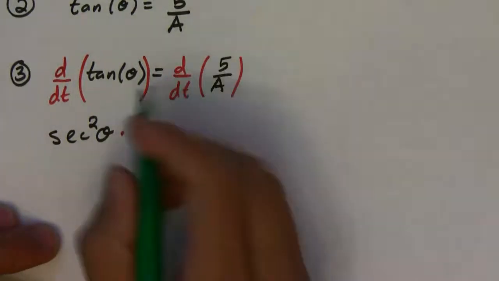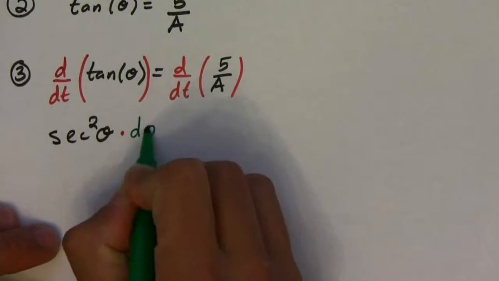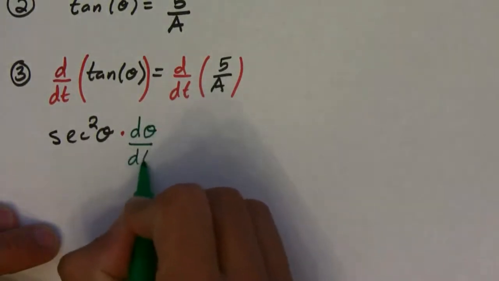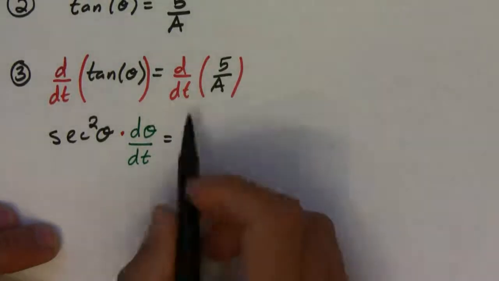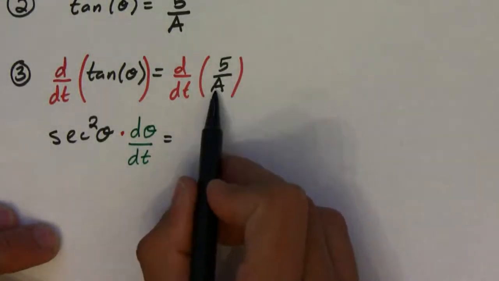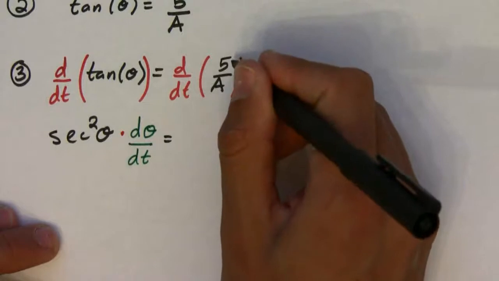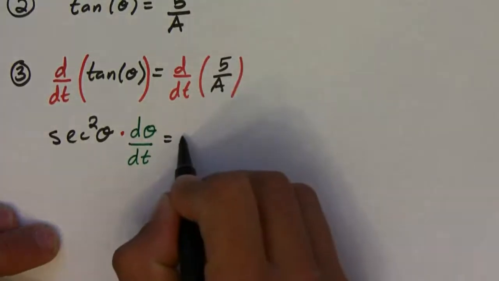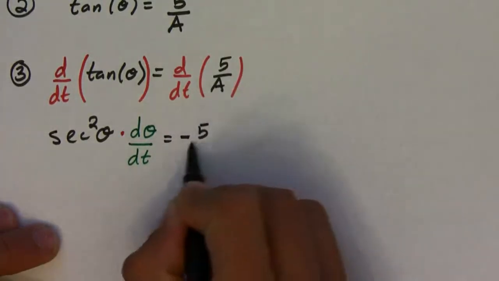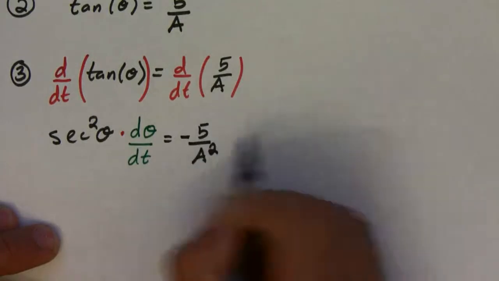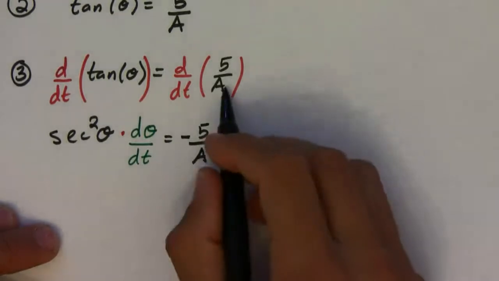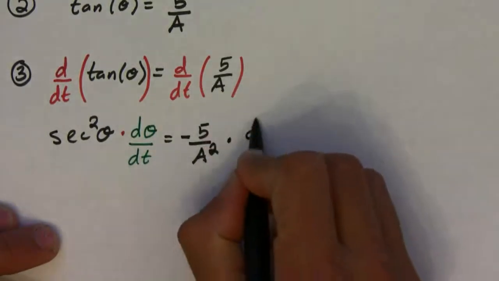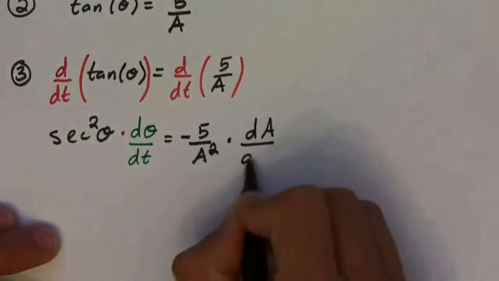And since theta is a function of time, that means we have to multiply it by the derivative of theta with respect to time. Okay, and this is equal to the derivative of 5 over A. Well, remember, if you bring A up to the top and use the chain rule, we would get negative 5 over A squared. And then times, since A is also a function of time, we have to multiply it by dA over dt.